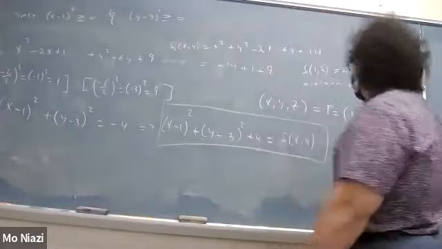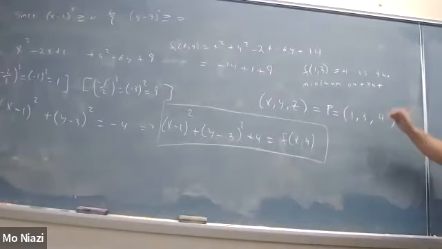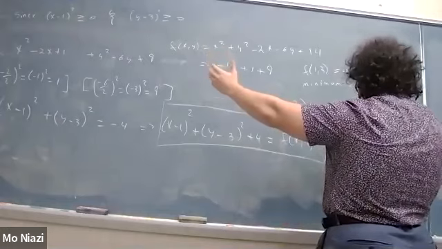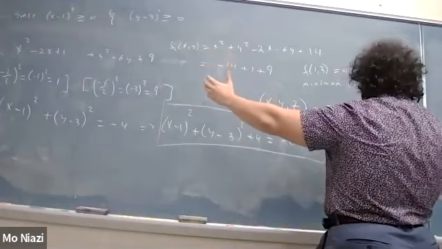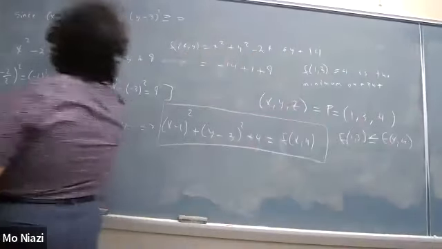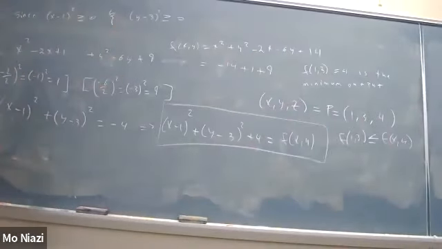So we have found the minimum f of (1, 3) by that argument right there. By this argument, we show that f of (1, 3) is less than or equal to all possible outputs f of x, y.